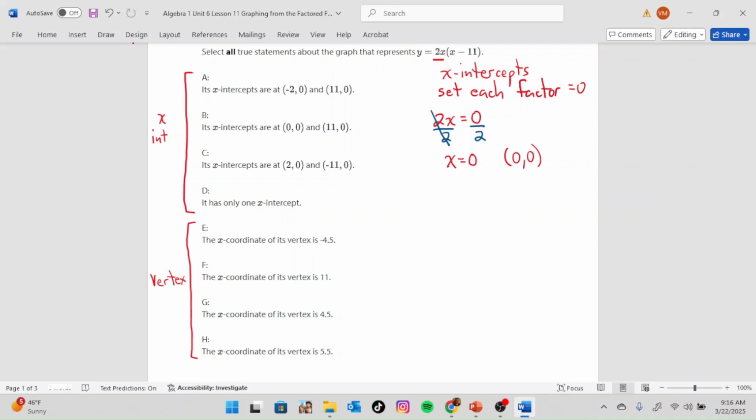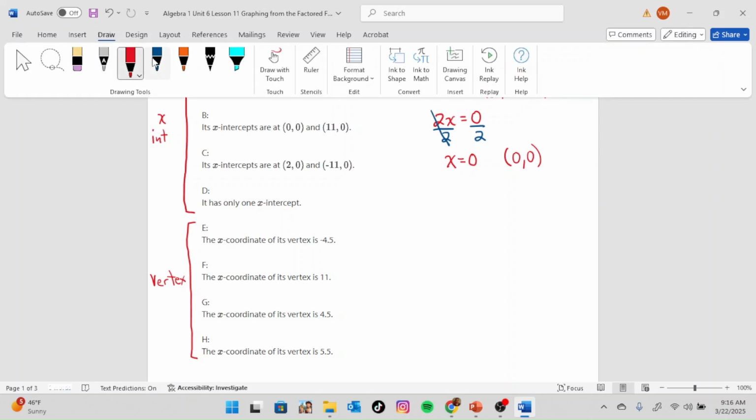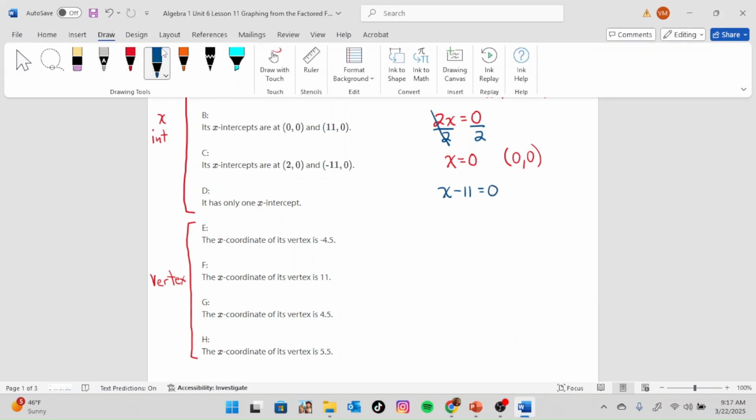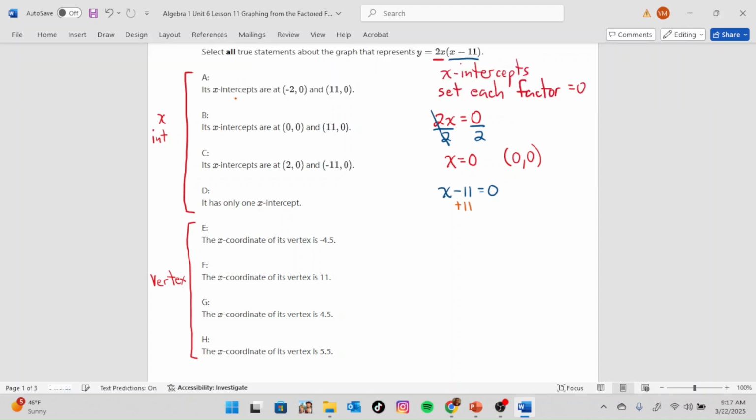The next thing I'm going to do is I'm going to take my second factor, x minus 11, and I'm going to set that equal to 0. The opposite of subtracting 11 is adding 11, but I need to do it to both sides to keep it equal.